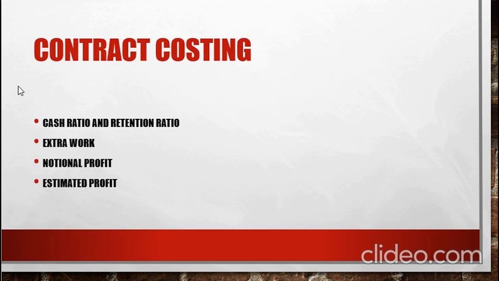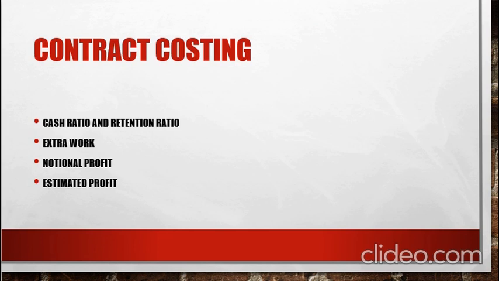Next is contract costing. Under that, the terms to be remembered are cash ratio and retention ratio. So what is cash ratio? It is usually practiced not to pay the full amount of work certified. The contractee may pay a fixed percentage, say 80% or 90% of the work certified, depending upon the terms of the contract.